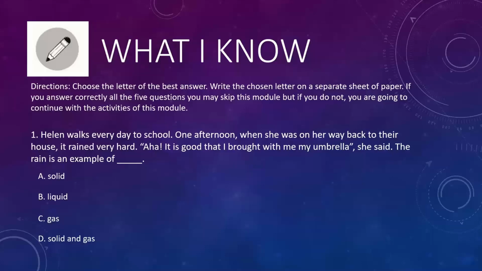What's your answer? The rain is an example of letter B. Liquid.